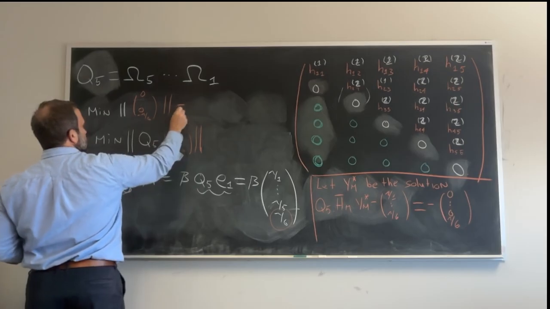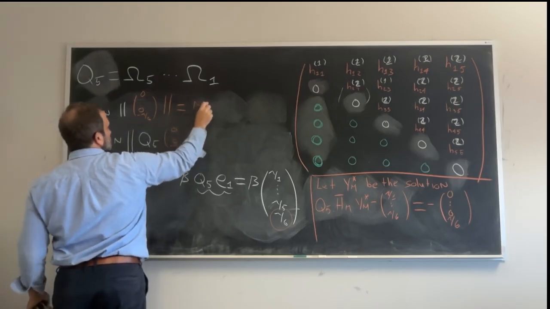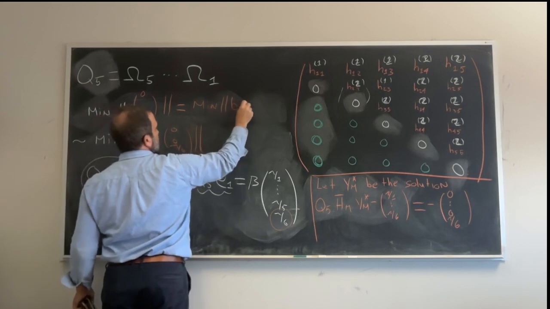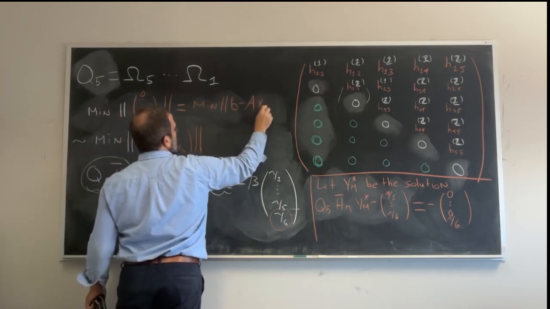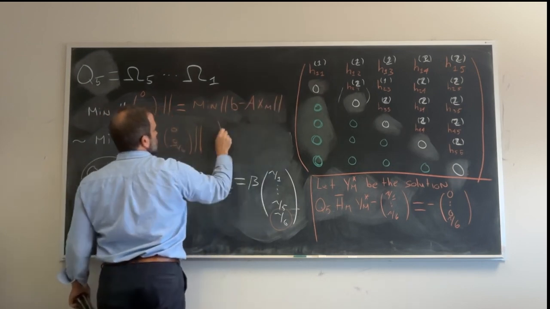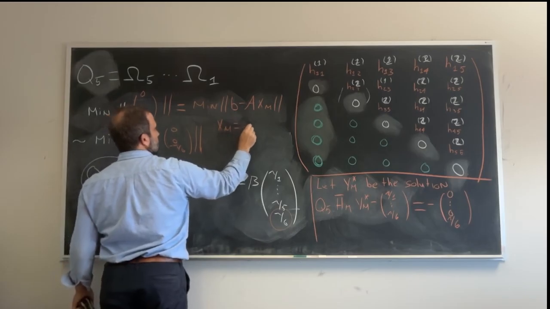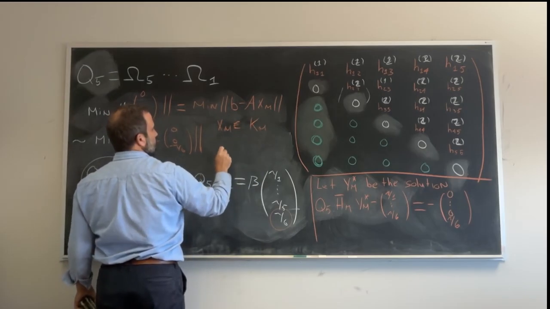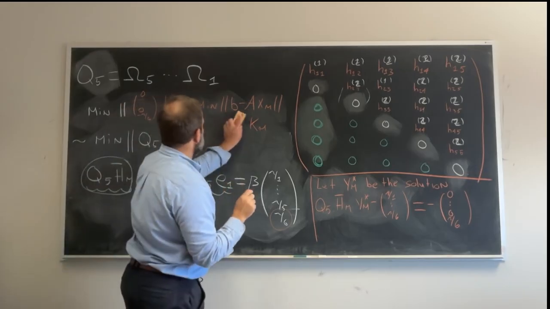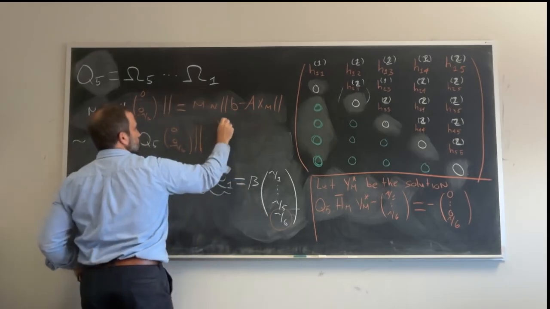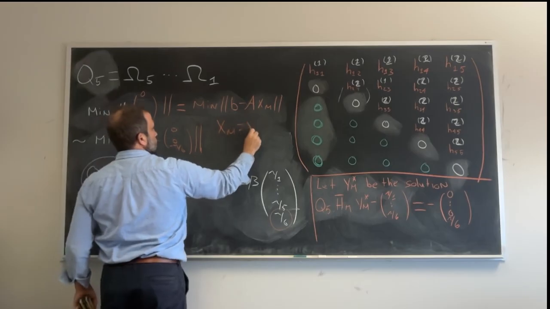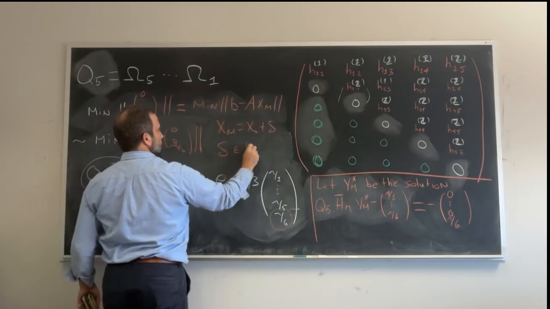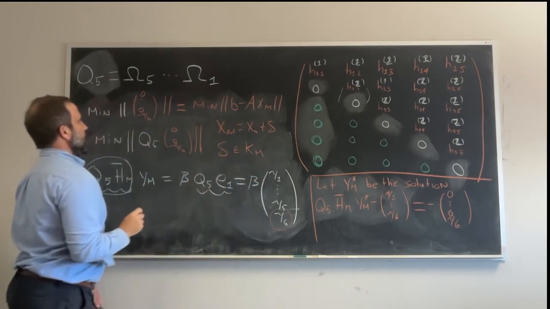But remember, this comes because this is the minimization of B minus A xm, where we're saying xm is in the space km. Xm is equal to x naught plus delta, and delta is in the space km.